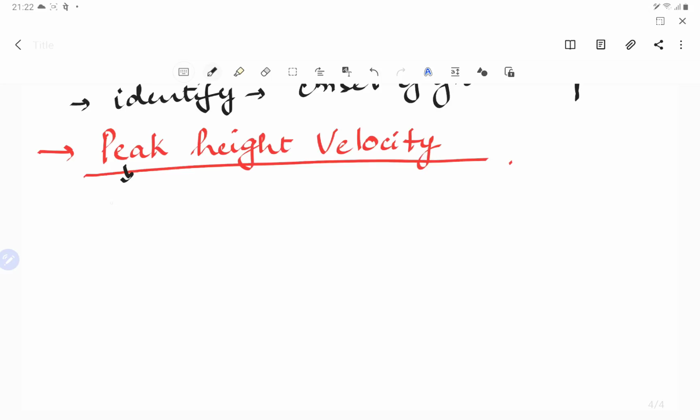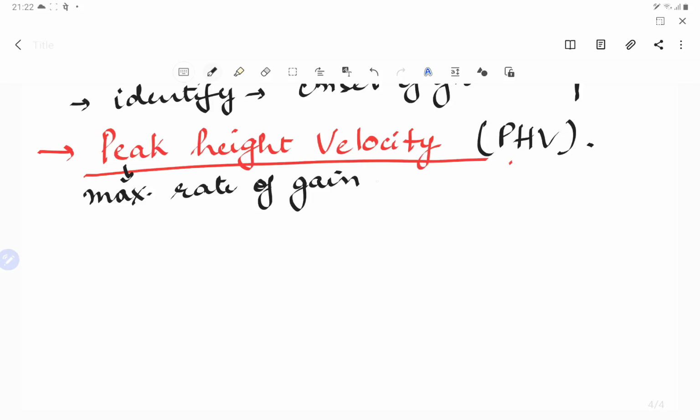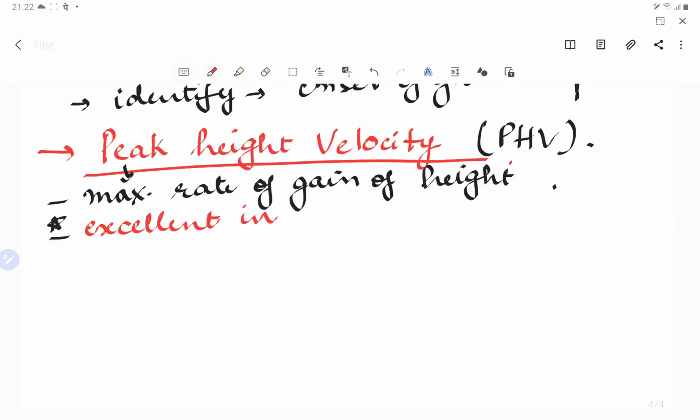Peak means highest, that means the maximum rate of gain of height is our peak height velocity, and it is an excellent indicator of overall growth.